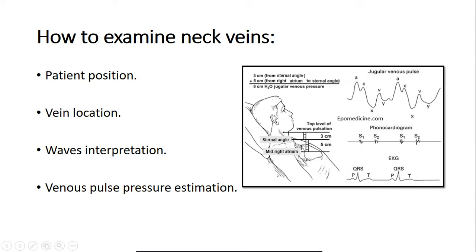If you don't see it at this level, you can move your patient up 15 to 30 degrees or down 15 to 30 degrees to see the top of the venous pulsation, the most upper level, because you will measure this column.